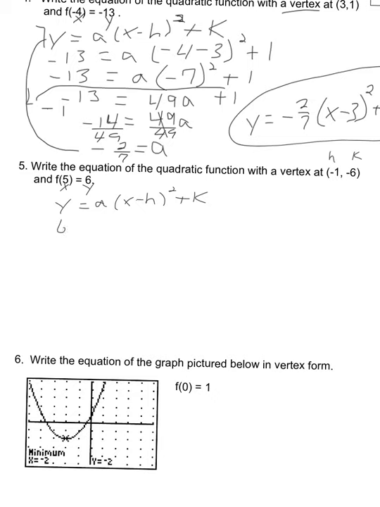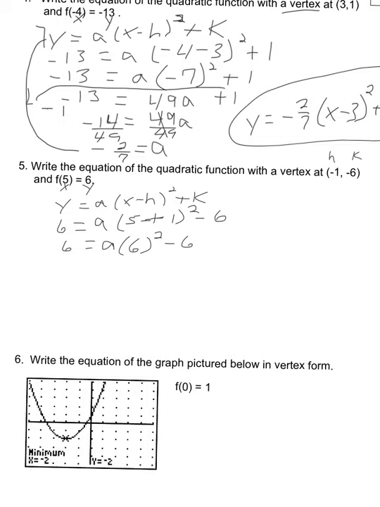Y is 6 equals a, x is 5, minus h, which is a minus 1, a minus make a plus. That's squared. Plus k, which in this case, k is negative 6. Clean it up, parentheses, 5 plus 1 is 6, squared, bring down the rest. It's a minus 6, an a equals and a 6.